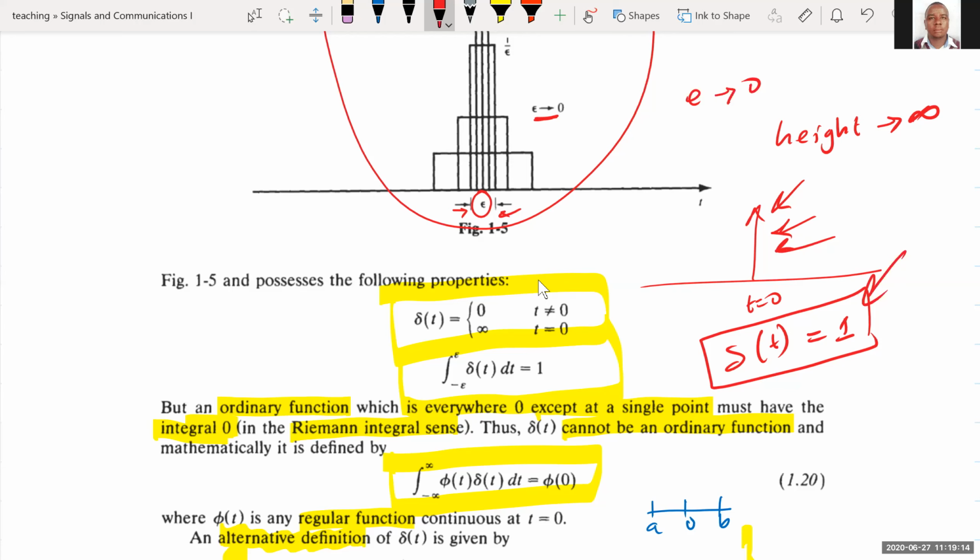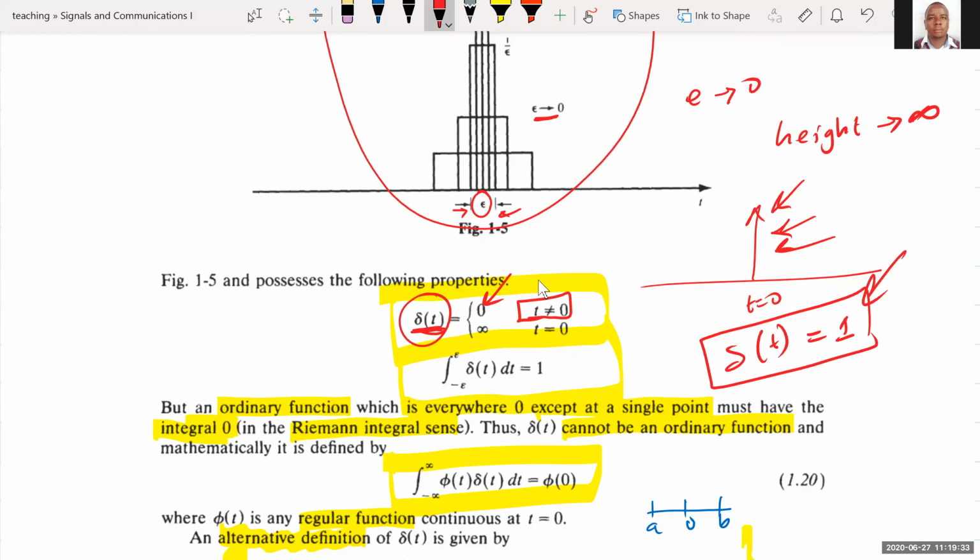So in mathematical form, how you define it: for time varying t, if t is not equal to 0, the value of the function delta t will be equal to 0.